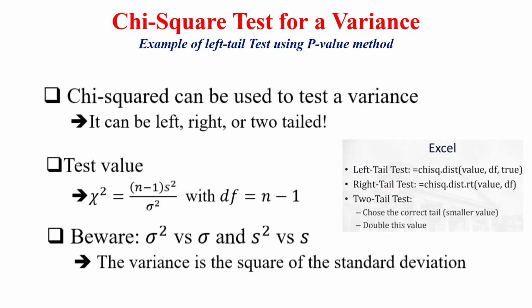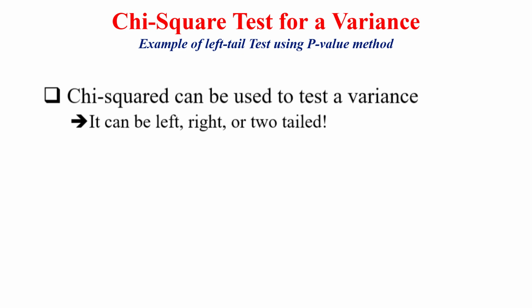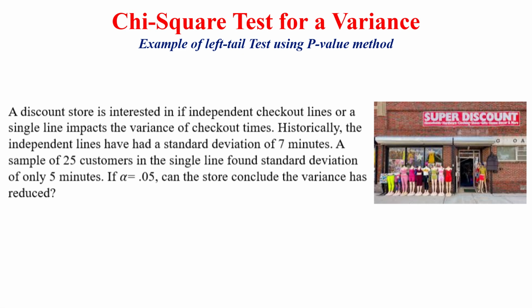Let's look at an example where we do one of these. A discount store is interested in if independent checkout lines or single lines impact the variance of checkout times. Historically, the independent lines have had a standard deviation of 7 minutes. Notice that standard deviation of 7 minutes, that is historically for the entire population.